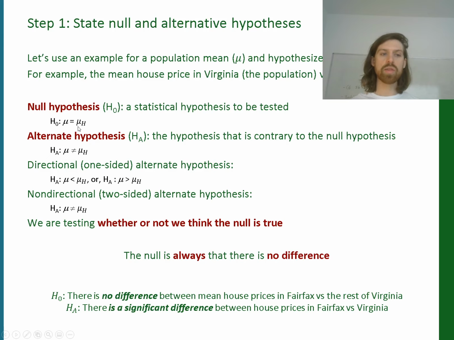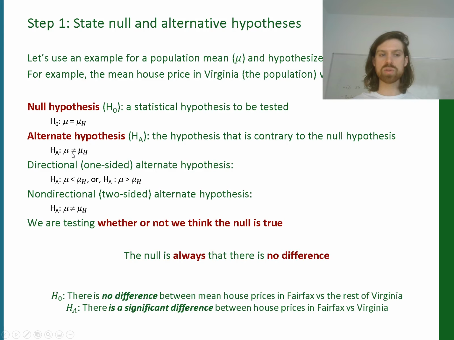You can tell that because it's saying that they're equal to each other, okay? And therefore, the complement of that, the alternative hypothesis, is that there is an effect, and as a consequence, the population mean mu is not equal to the hypothesized mean, okay?